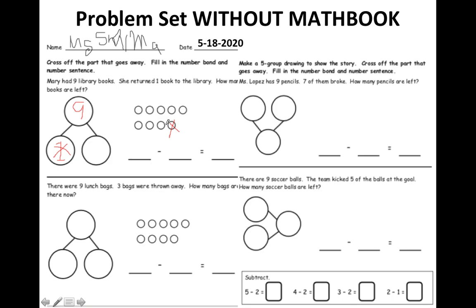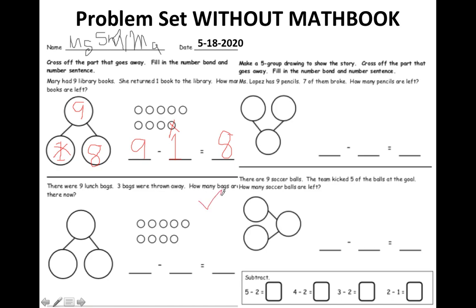And now we have 5 and 3, and we know that 5 and 3 makes 8. Same thing in our number sentence. We have 9 minus 1 that she returned, and then we're left with 8.